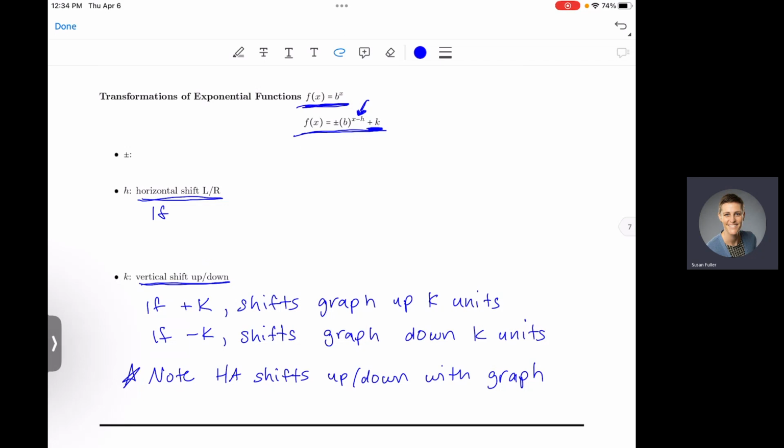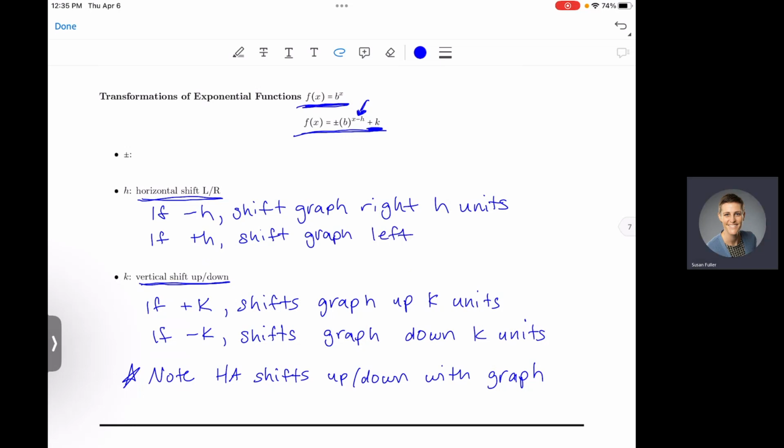So if you have a minus h, if you subtract from that x inside, it's going to shift your graph to the right h units. It'll go the opposite way you think it will. So if you subtract h units, you'll go to the right. And if you add h units, it will shift the graph left by h units.